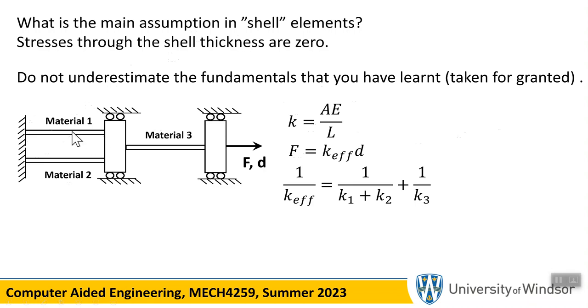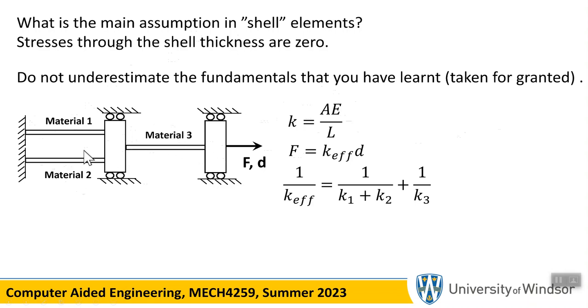So when you look at material 1 and material 2, these are the two horizontal bars on the left side. Each one of them will have a stiffness. You find the stiffness based on this formula and add them up because they are in parallel. So now you have replaced the two bars with a single spring, and you have a spring in the middle.